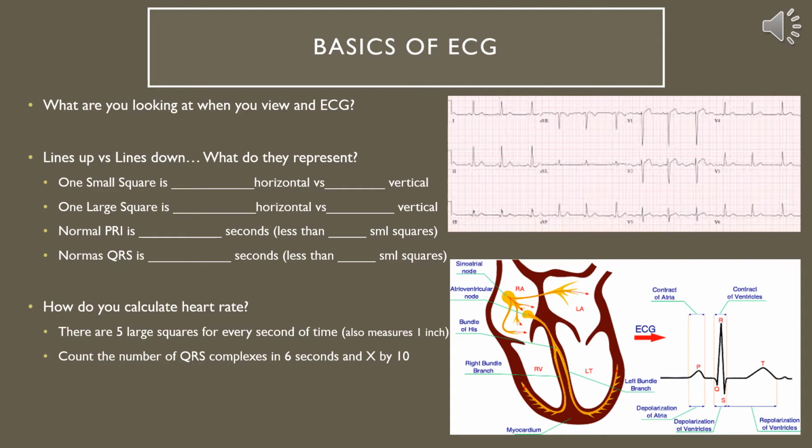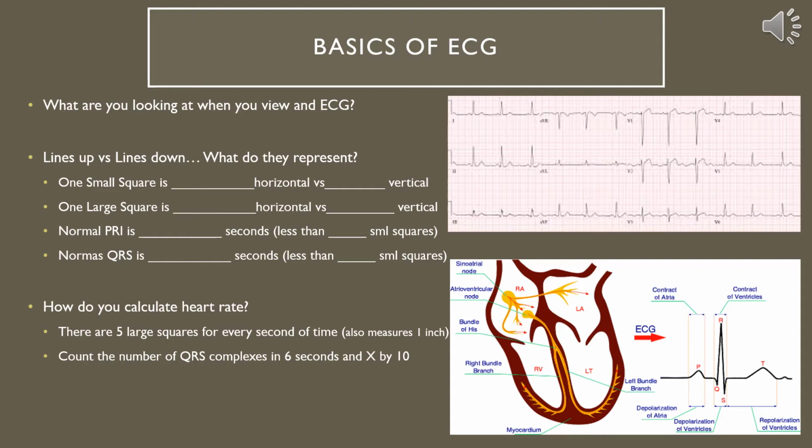Your normal PRI, which is your PR interval, is anywhere from 0.12 to 0.2 seconds. So any time within that large square is reasonable. Once you start to see that PR interval getting bigger than one big square, that's when we start to see more first degree AV blocks.